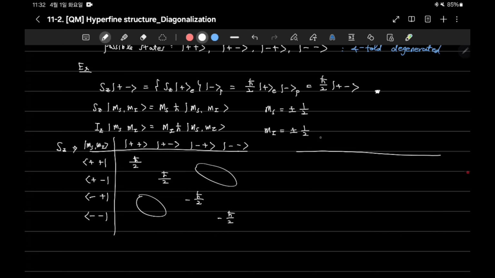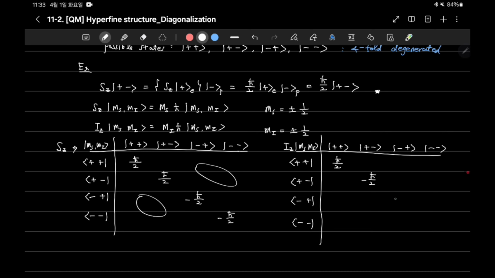Likewise for the isospin case, Iz applied to the states up-up, up-down, down-up, and down-down. Only the nuclear spin state matters here, so it gives plus ħ/2 for nuclear spin up and minus ħ/2 for nuclear spin down.